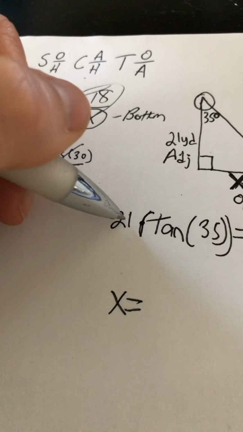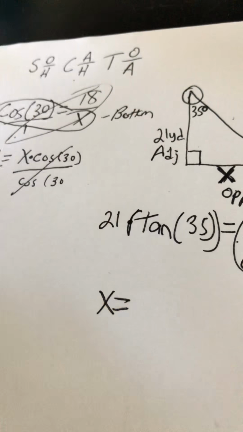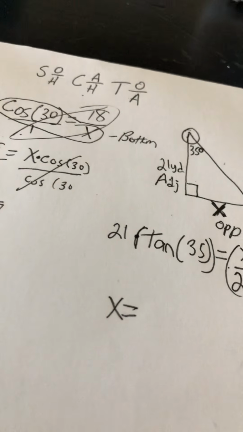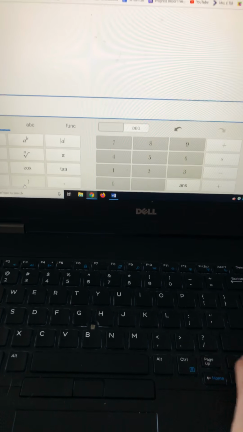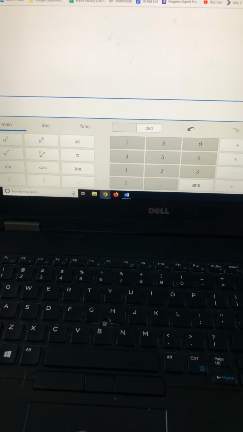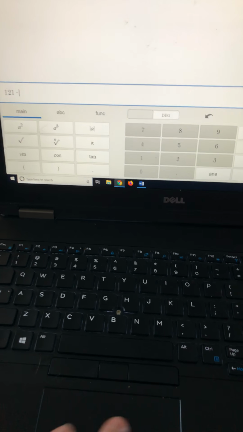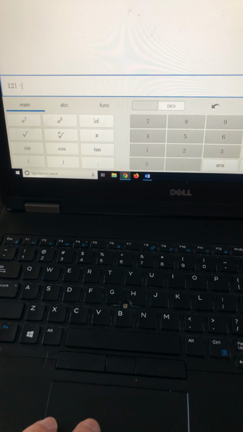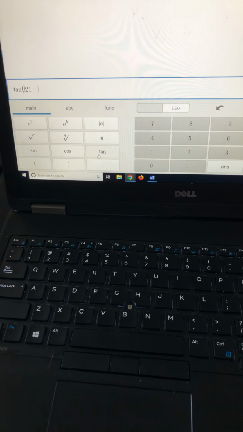So we're gonna type in 21 times tan of 35 into our calculator. So I got the decimals over here. 21 times, oh, that's 121. 21 times tan.